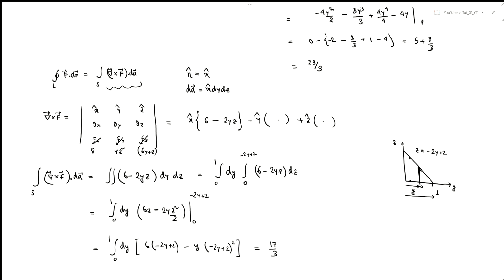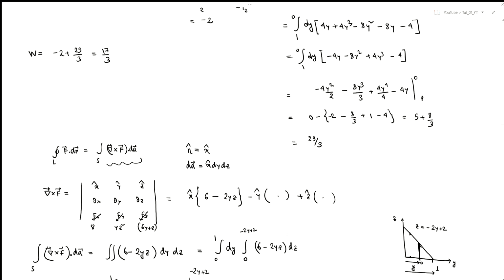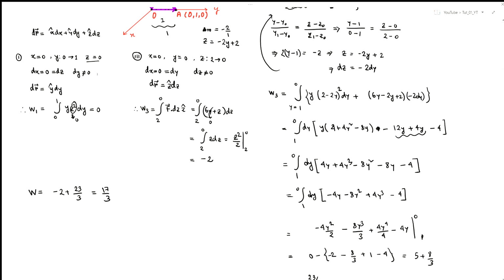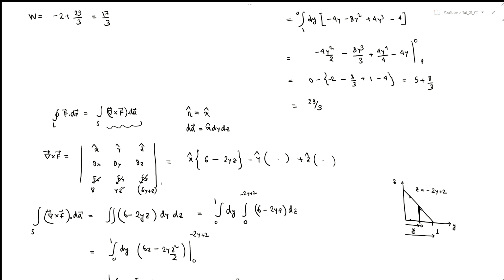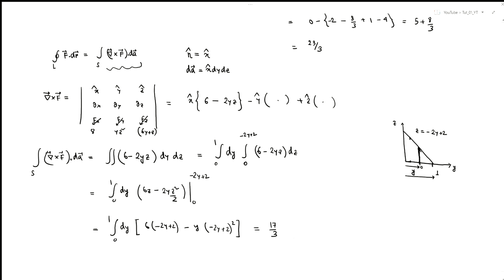If you look at the integral from the previous method, using the normal loop integral formula, you get the same thing. And this is how you can verify Stokes' theorem.